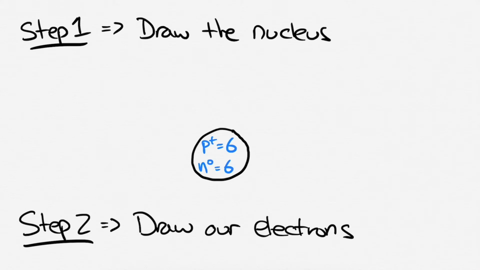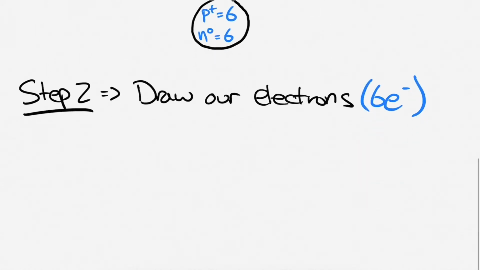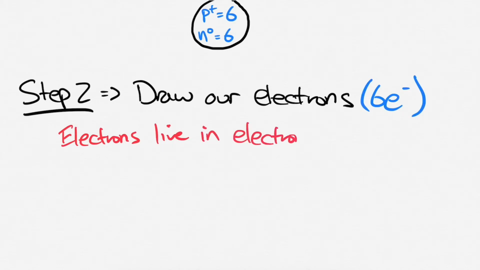So there's going to be 6 electrons, but they don't live in the nucleus. Electrons live in electron shells that, I'm going to say orbit, but in quotes.